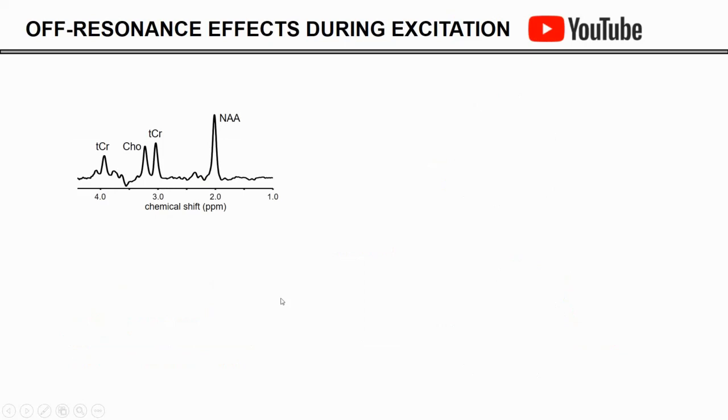Also in the previous video we talked about off-resonance effects, because what I showed you in the previous slide was for on-resonance spins only. On-resonance means that the Larmor frequency of those spins and the frequency of the B1 magnetic field are one and the same.